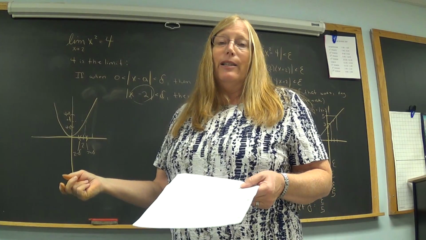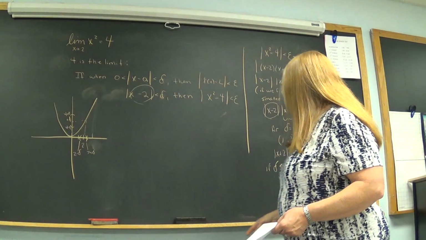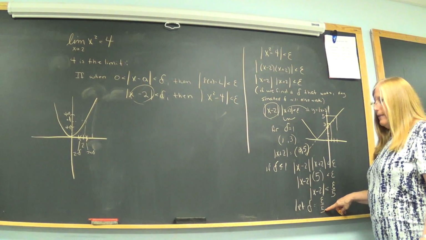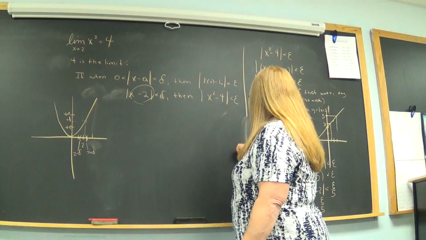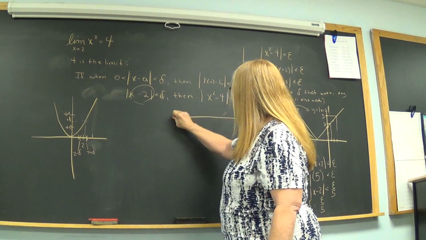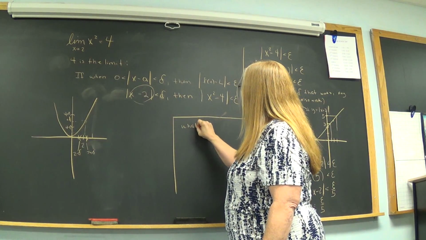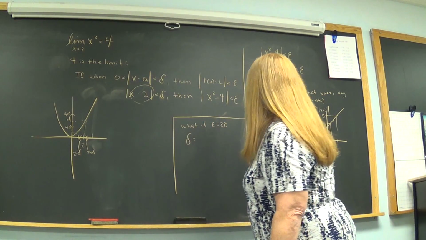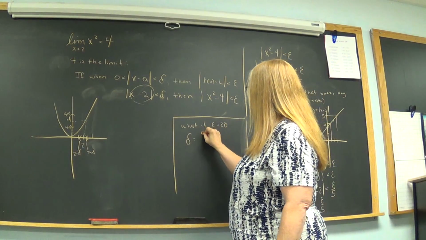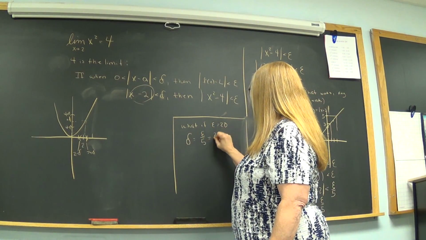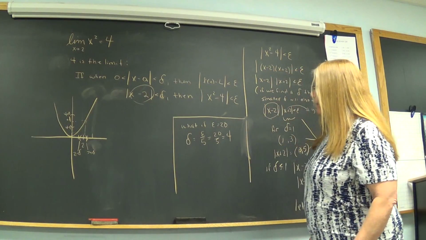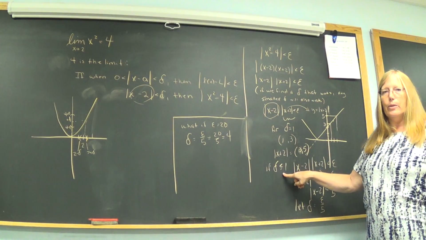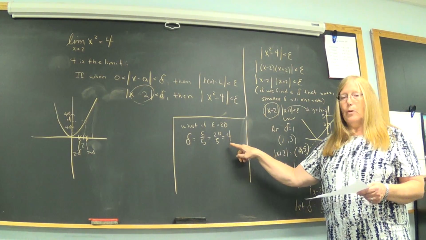Suppose epsilon is 20. Then delta, which we now are saying is equal to epsilon over 5, will be 20 over 5, or 4. And we just said in this part that delta has to be less than or equal to 1. So it didn't work.